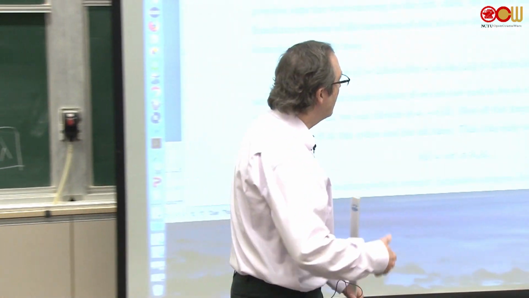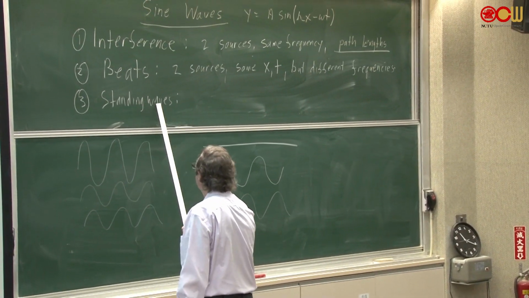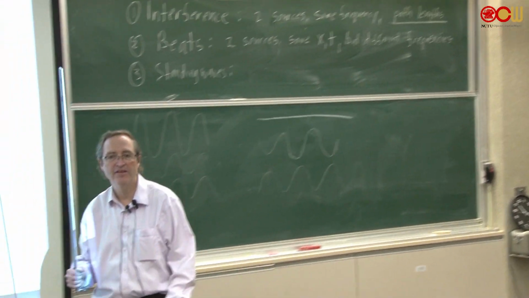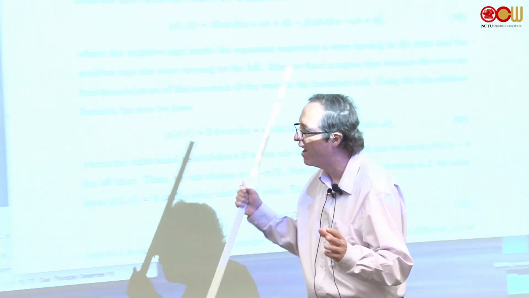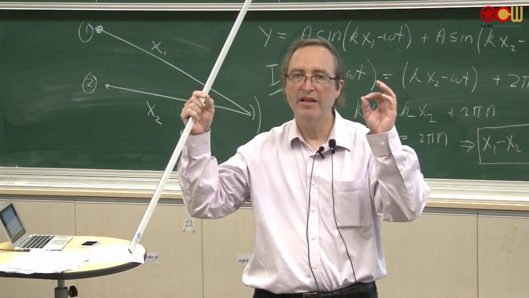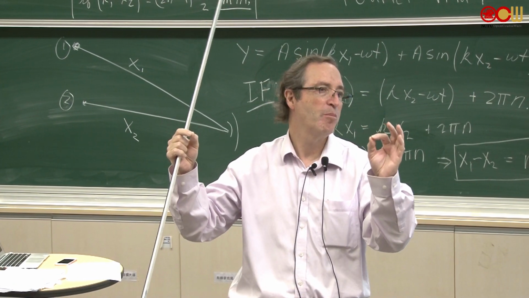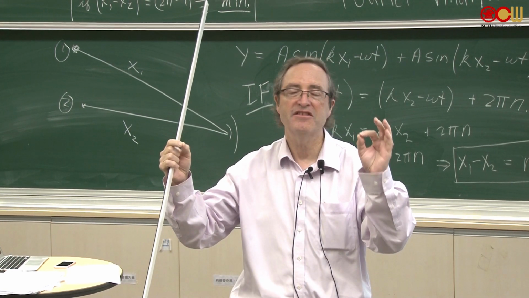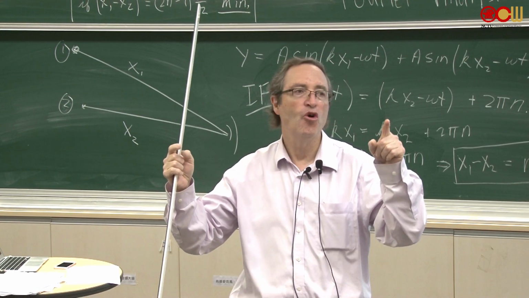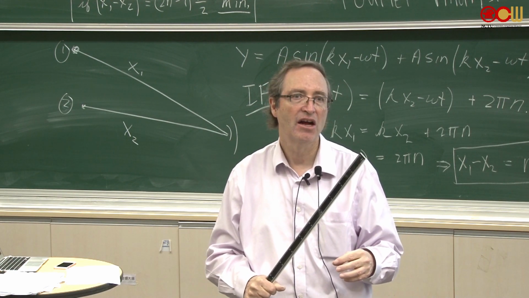So the last topic is standing waves. And the key idea here is, and we'll see it in practice, I'll show you a simulation. You have, let's say, a string, like a violin string, fixed at both ends, and it's set in motion. So a wave moves from one end to the other and back.